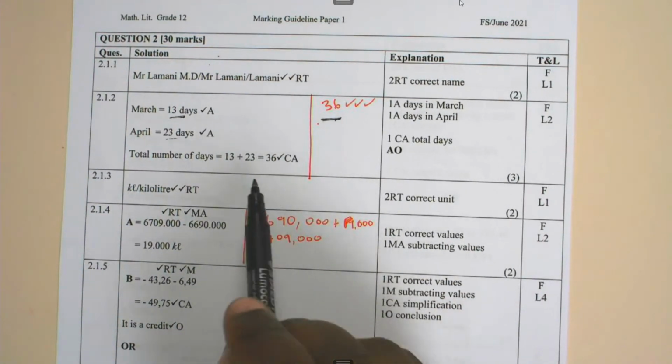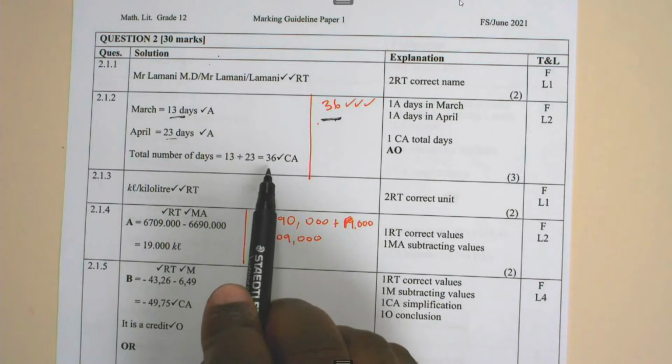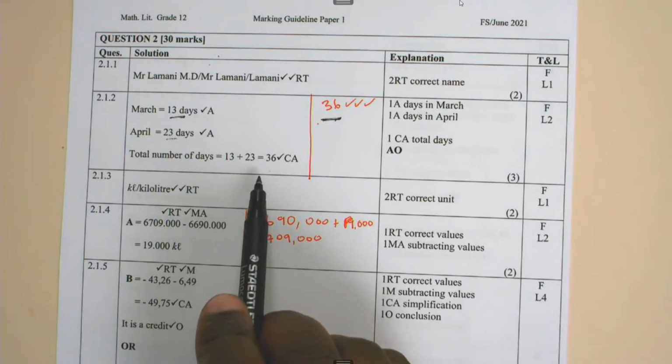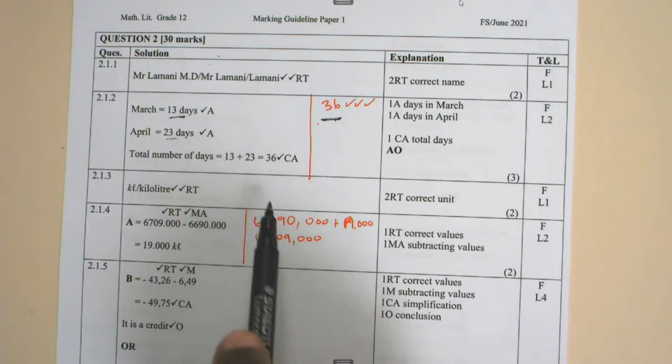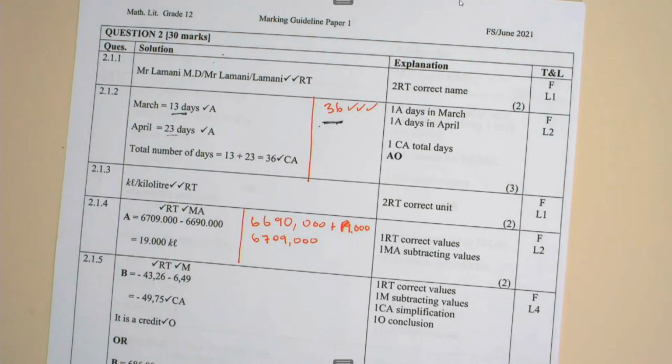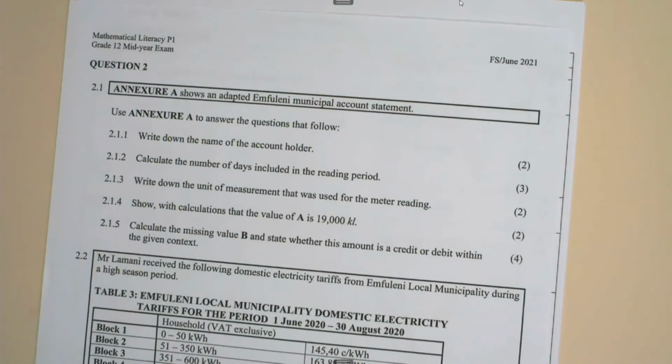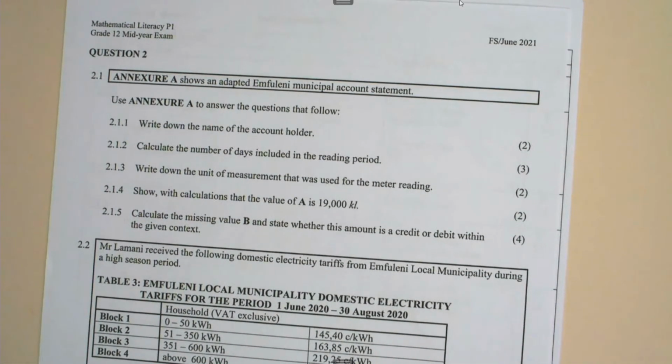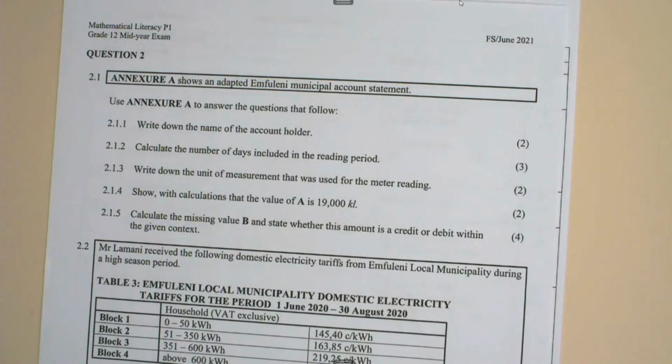But again, I want to remind the colleagues, remember, when do you CA? When do you CA? Right, 2.1.3. The question is, write down the unit of measurement that was used for the meter reading.